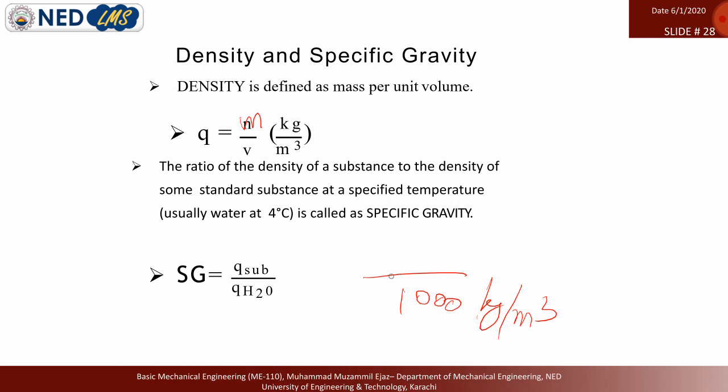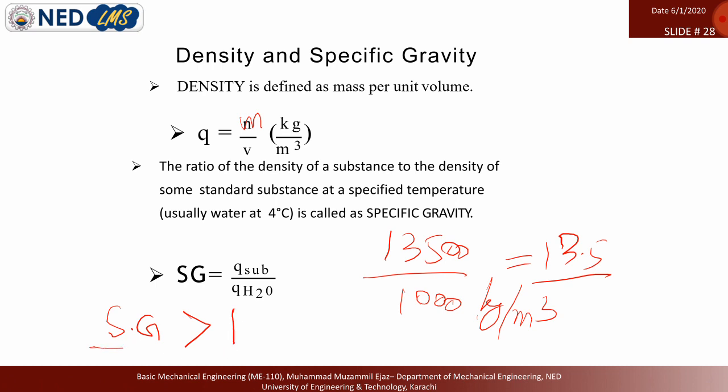Anything divided by 1000, like the specific gravity of mercury, 13,500 divided by 1000, so the answer is 13.5.